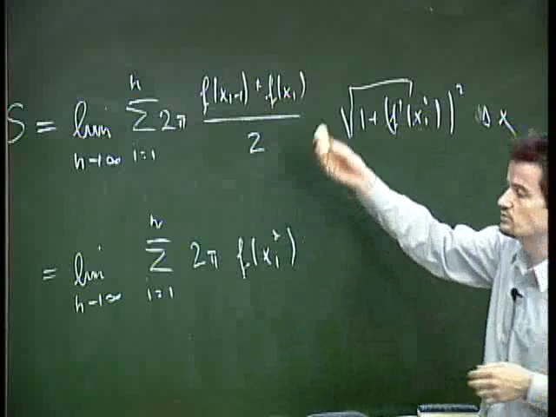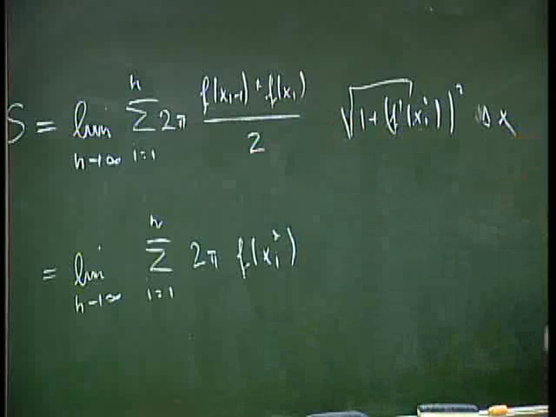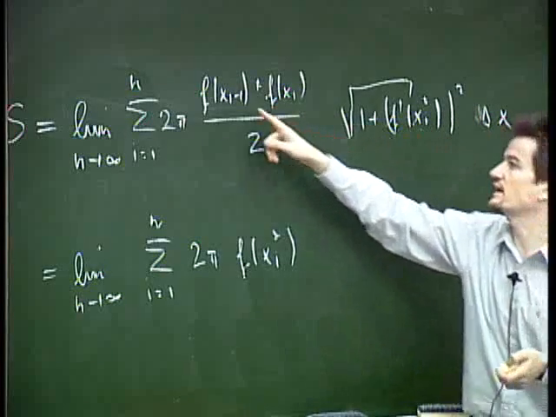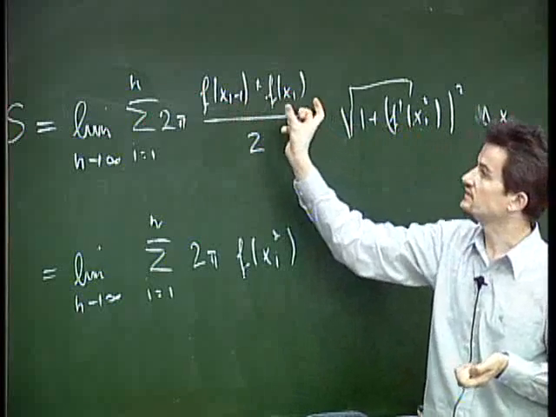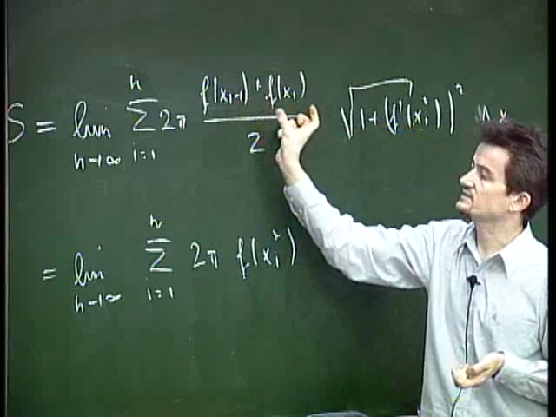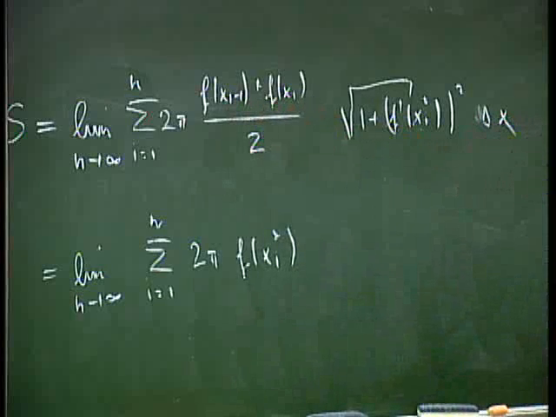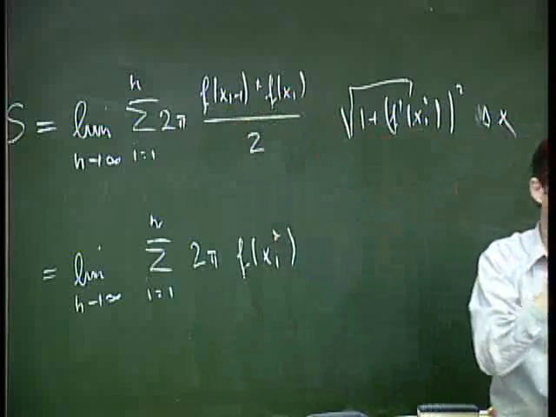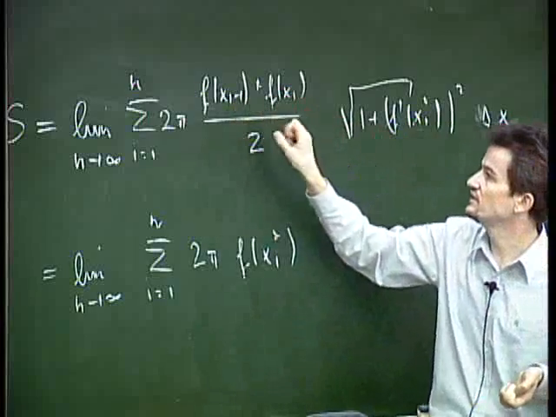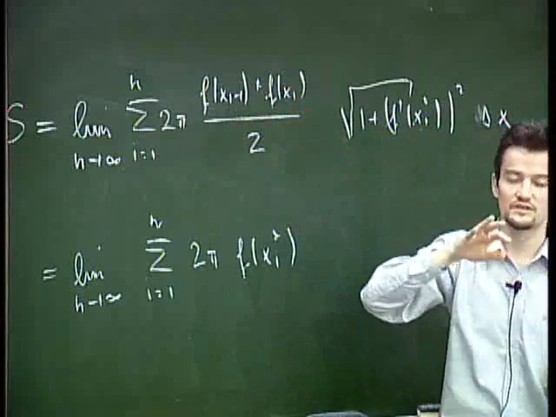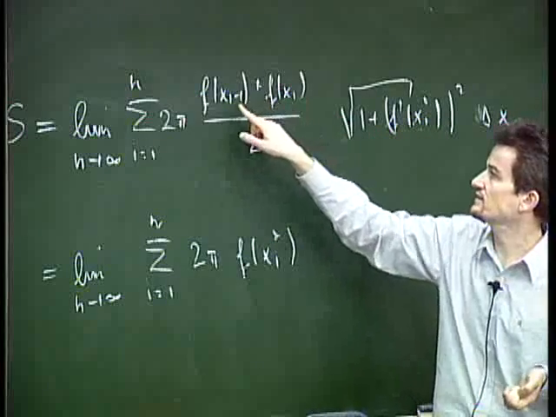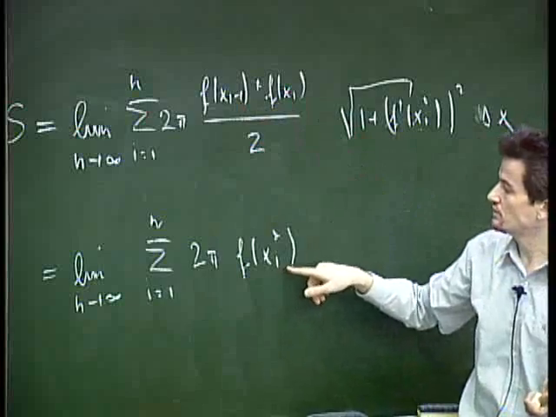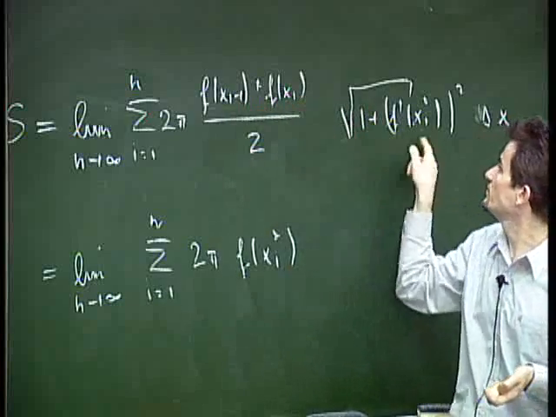This is something which you have to prove, actually, but it's not very complicated, because once more, the xi star, the sample point, is sandwiched between xi minus 1 and xi, and xi minus 1 and xi are getting closer and closer in the limit. So it should be possible to, and the function f is continuous, so it behaves kind of like a linear function, and if xi and xi minus 1 are very close, you should be able to replace both of them by the sample point.